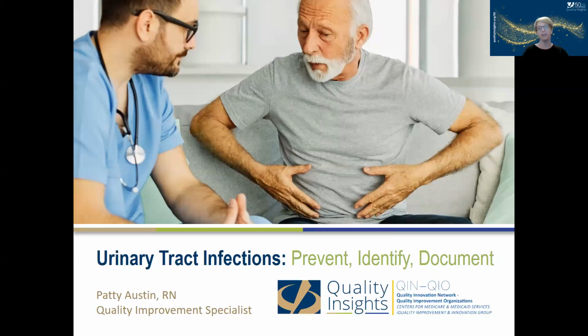The urinary tract is one of the most common sites of healthcare associated infections, and they actually account for about 20% of infections that are reported by long-term care facilities.